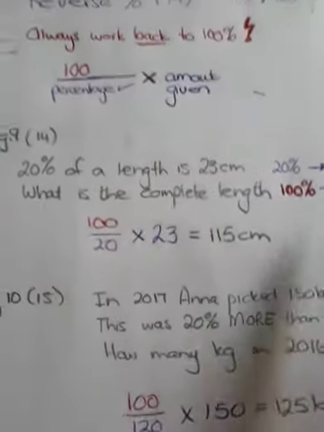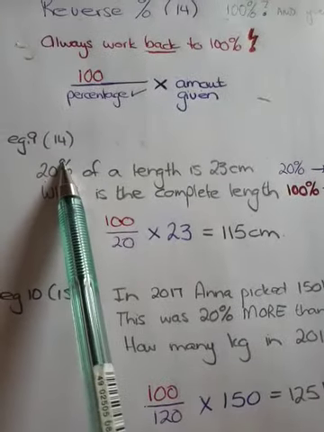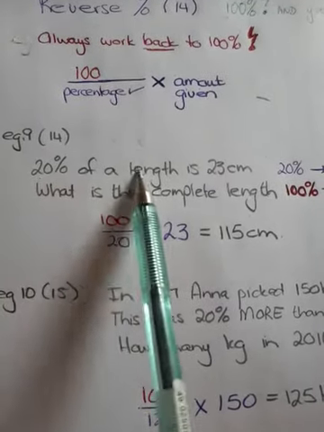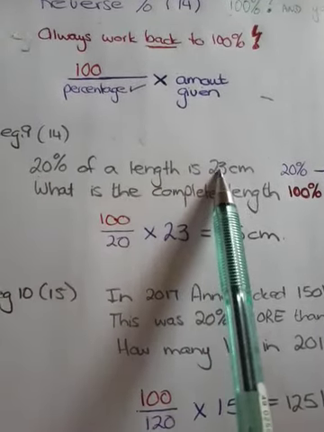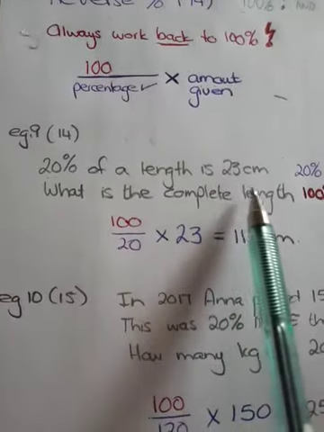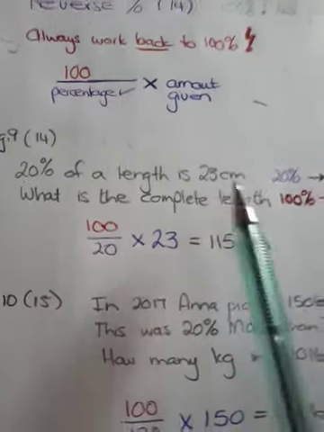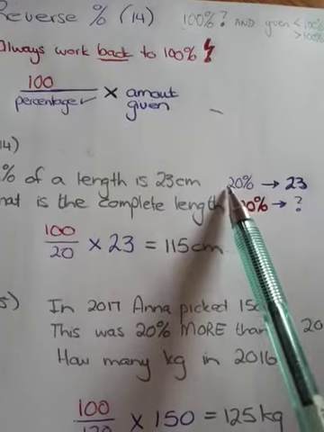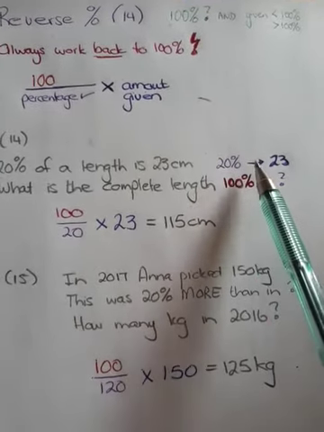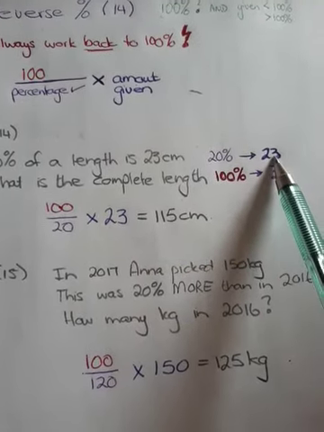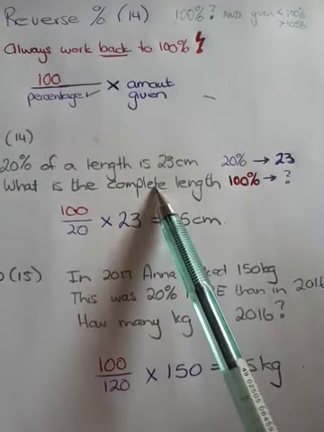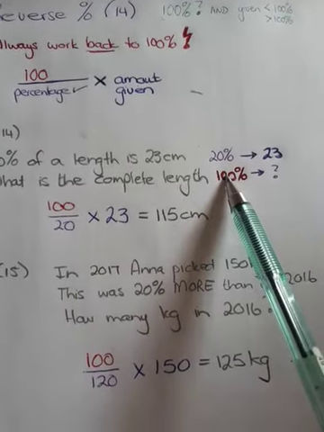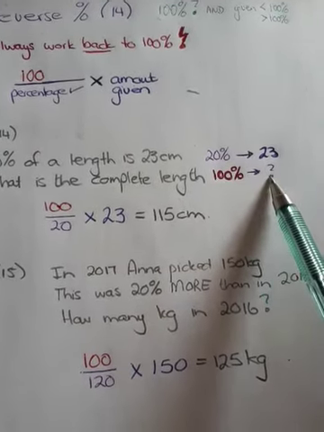With no ado, let's look at the example. They say 20% of a length is 23 centimeters. What is the complete length? What you must realize now is that 20% represents 23 centimeters. The complete length is the 100% which you must calculate.